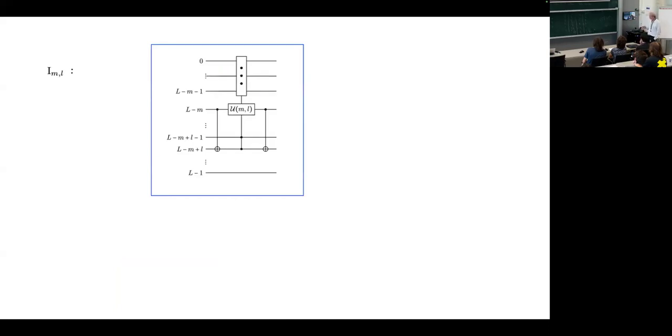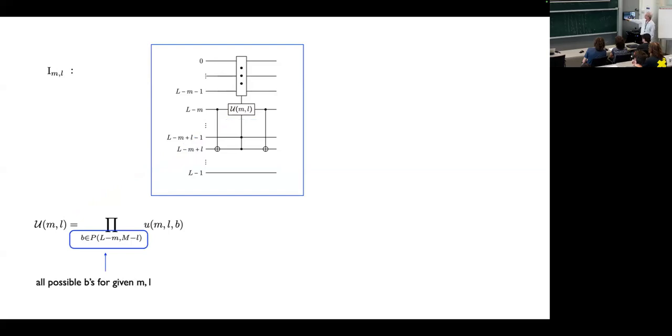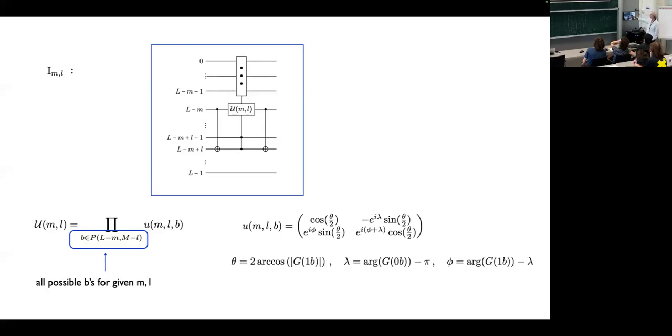It's a generalization of the one we saw before, but now this operator here is a product of rotations, where it's a product over all possible tails, B's, for given values of M and L. And this rotation is the general 1-qubit rotation, where the angles are in terms of these coefficients G, which depend on the tail B. And what this means is that I have controls.